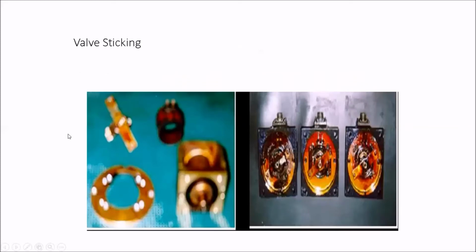Next, sticking. This example is taken from a valve. This valve started to stick because the operator did not use the machine for many years. After many years, they wanted to operate the machine again and found the valve sticking.